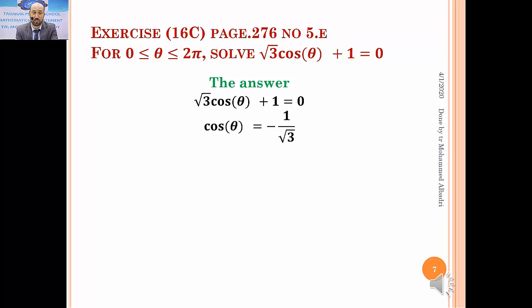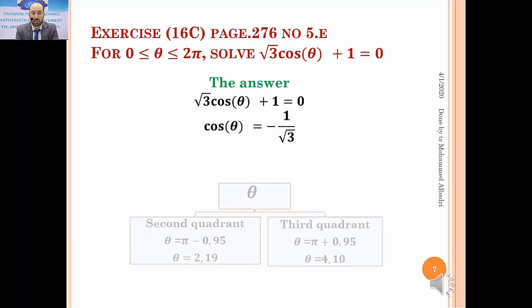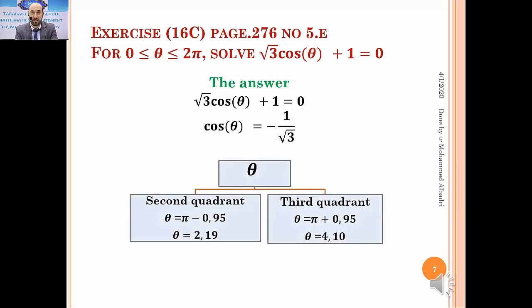To find theta, we put it in the calculator with the steps shift cosine 1 over radical 3, not negative 1 over radical 3. Again, we put cosine theta equals 1 over radical 3 without the negative, to find the acute angle. After that we will have theta equals 0.95 in radians, not in degrees. Why in radians?